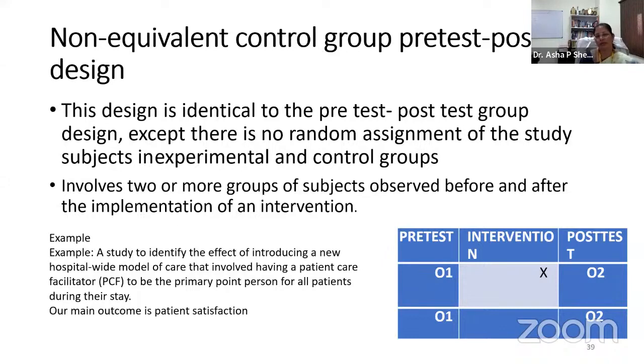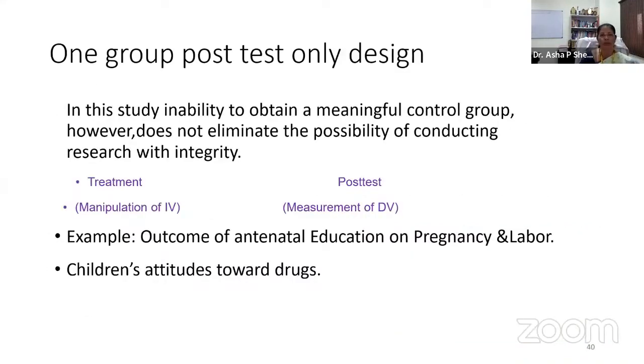Sometimes we may take two settings also, but we are not doing the randomization. The main outcome here is patient satisfaction, where we have the patient care facilitator, and we are not randomizing the participants, but we are giving the intervention to one group and no intervention to another group.